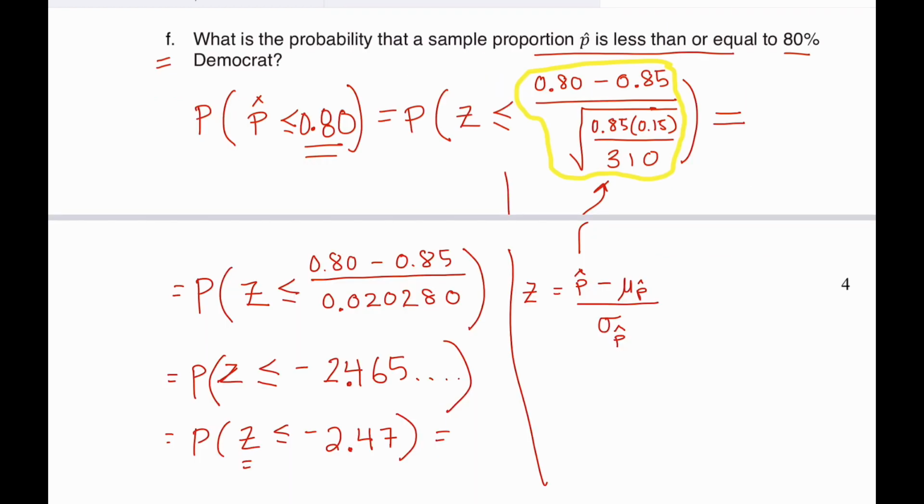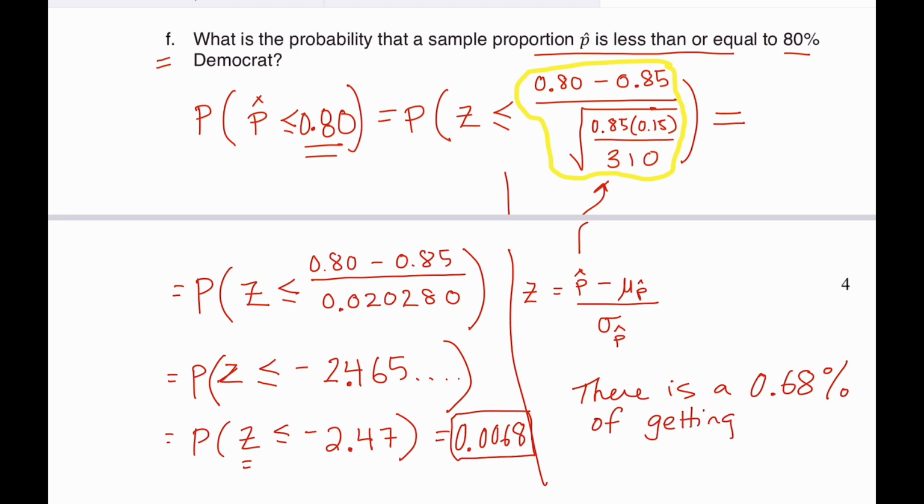The area from the table was 0.0068, and that is my final answer. So there is about a 0.68%, less than 1% chance of getting a sample proportion less than or equal to 80%.